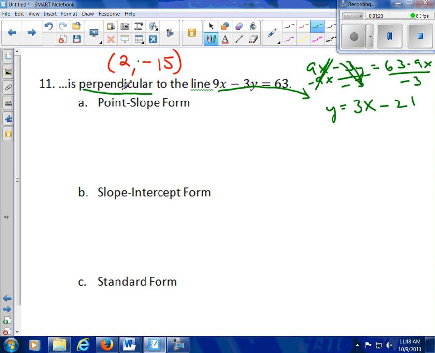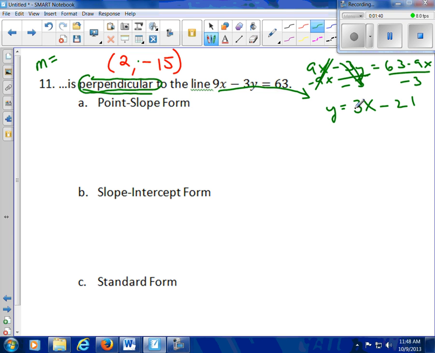So now that I've done that work, I need to figure out what is my slope perpendicular to that equation that we just figured out. So perpendicular means the slopes are opposite reciprocals. So if my slope here is positive, I know that my new slope going through this coordinate (2, -15) is going to be the opposite.